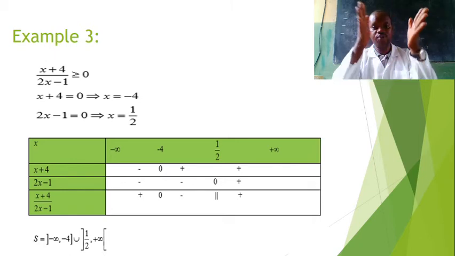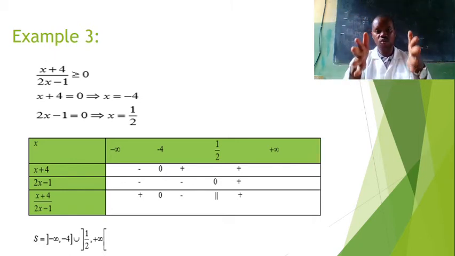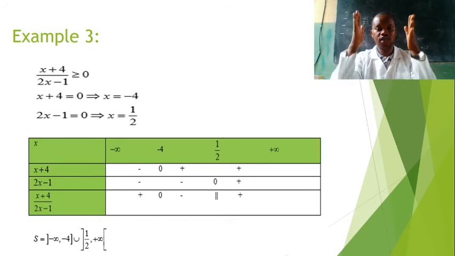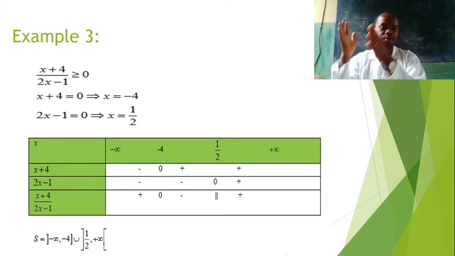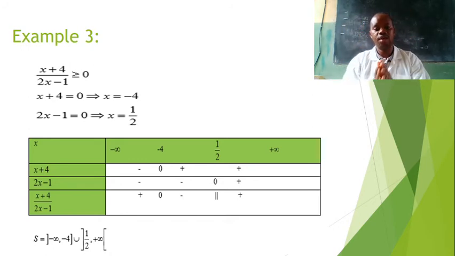We put them in the same row, in the same table, starting as usual from the smallest number up to the largest one. Minus 4 is smaller than 1 over 2. That is why we start by minus 4.